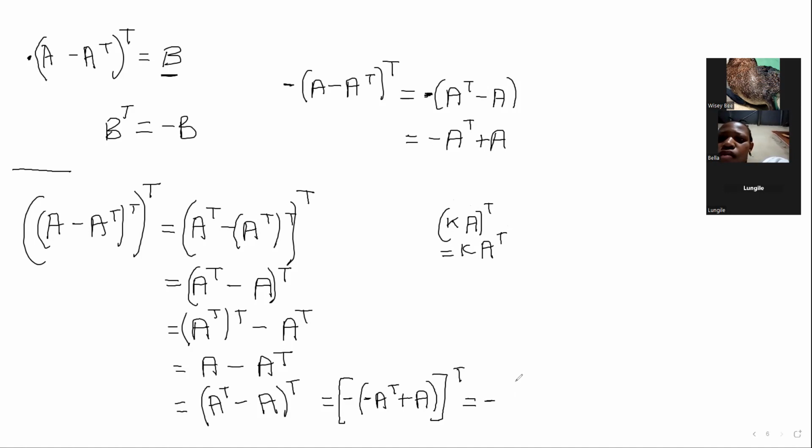I'm just removing the bigger bracket now. And here I can just switch these things around. Minus AT, then I put the T, which is what we wanted to show.